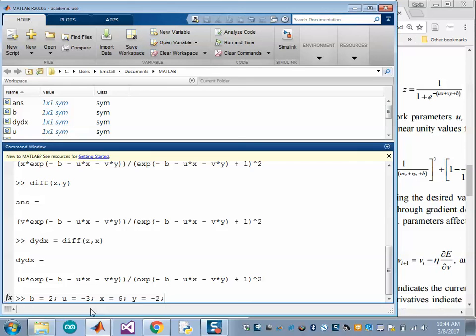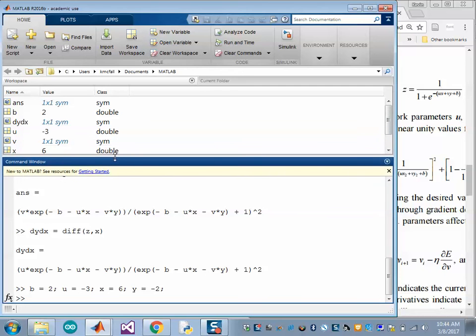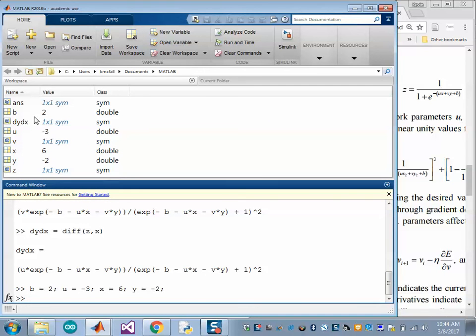So what I can do is I can now set b, u, x, and y to actual values. Now notice, those things are now no longer syms, but now they are doubles. Y is still a sym, z is still a sym, and dy dx is still a sym, okay? But now I've given values to those things.